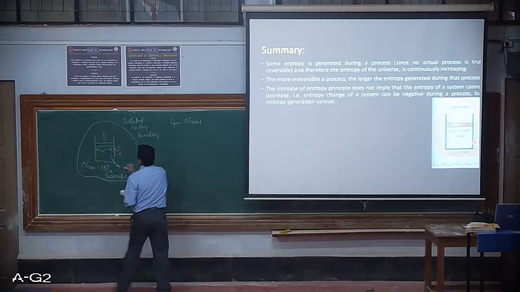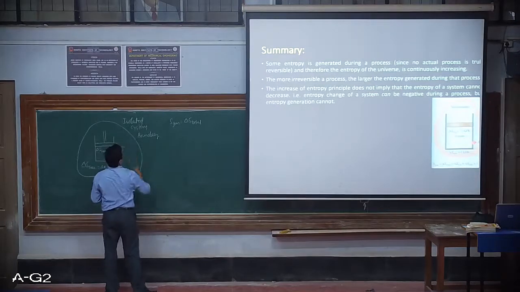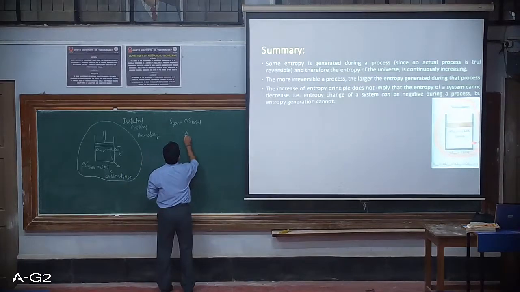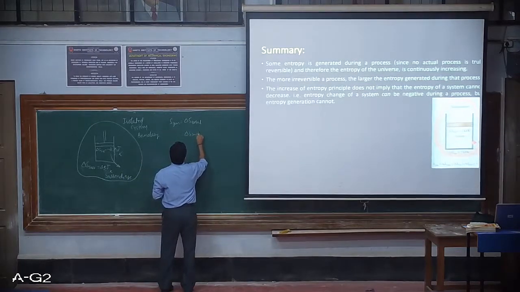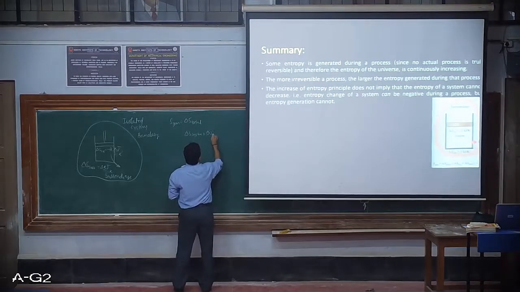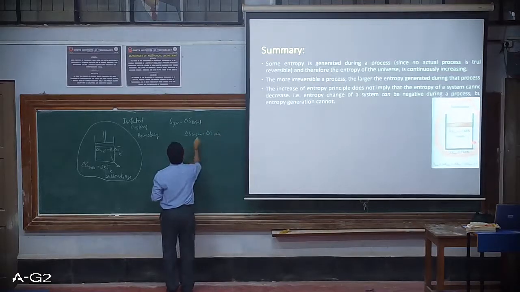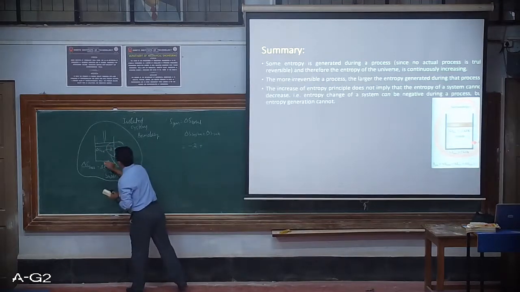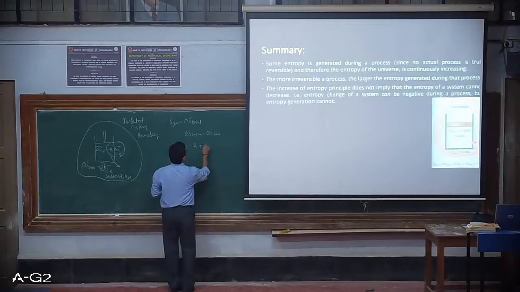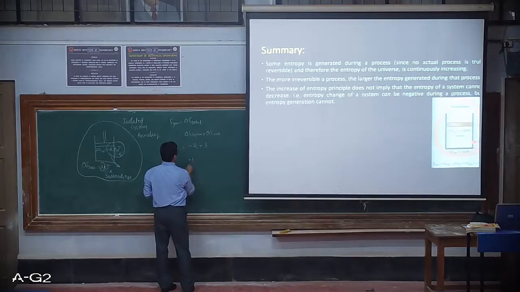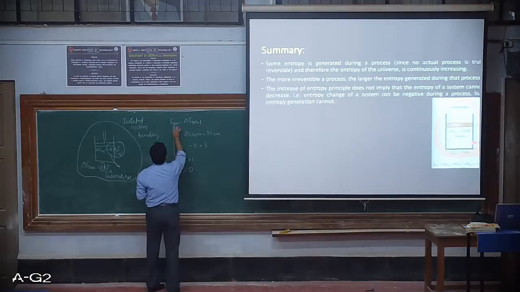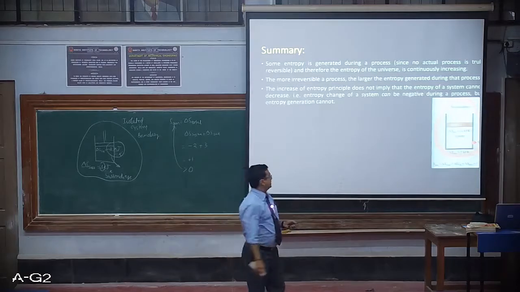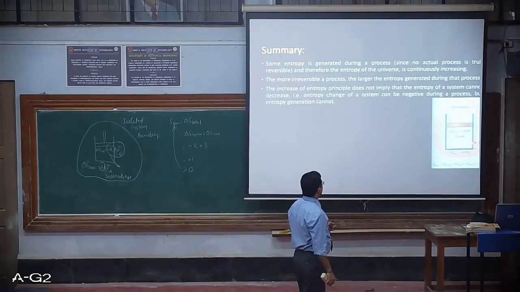So you have to add the two components of an isolated system to evaluate the generation of entropy. So here it is delta S of the system under consideration plus delta S of the surroundings. Delta S of the system is -2, whereas delta S of the surroundings is +3. So it is going to be +1, which is greater than 0. So this is how entropy generation can be understood.